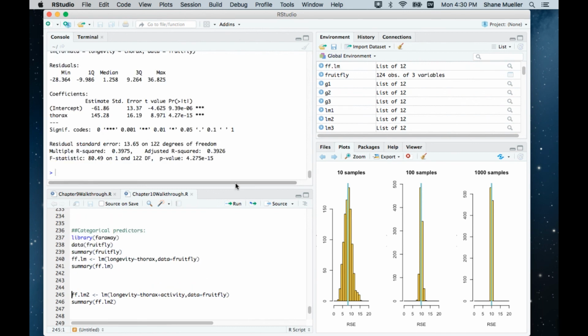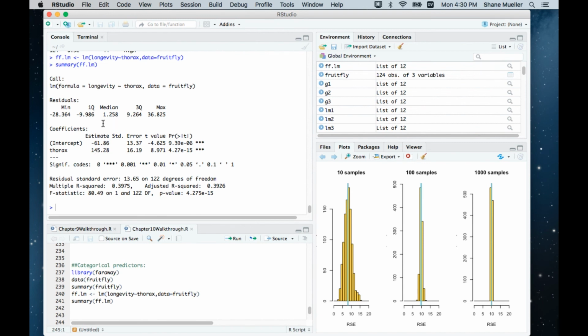So let's look at this. We can see that the intercept is less than 0. That doesn't really even mean anything because remember, we're asking, how does longevity relate to thorax size? Well, thorax size, whenever they measured it, could never be 0. So it's sort of immaterial that the intercept is negative 61.